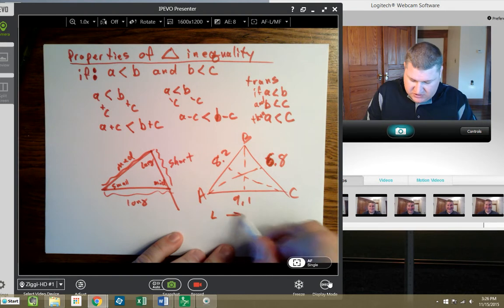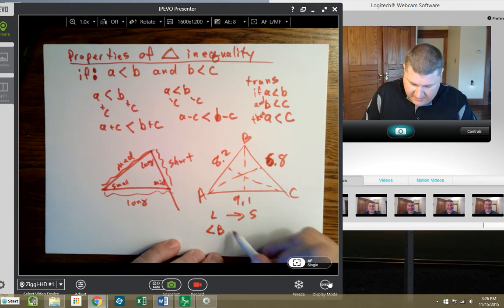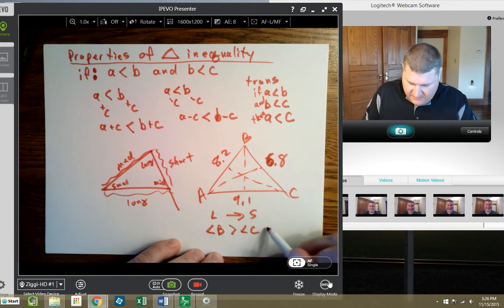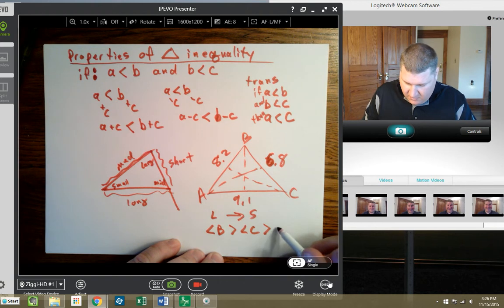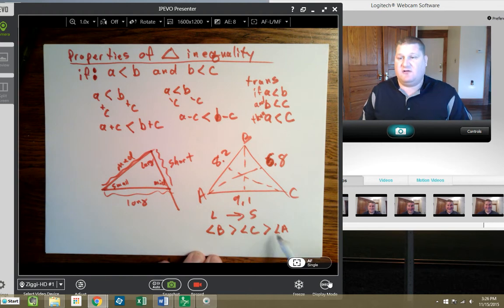So from largest to smallest, angle B is the biggest, then angle C, then angle A. So angle B is greater than angle C is greater than angle A. And you put them in order.